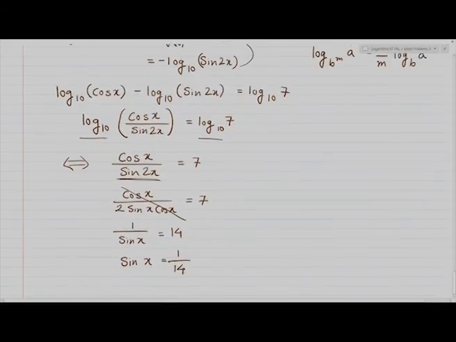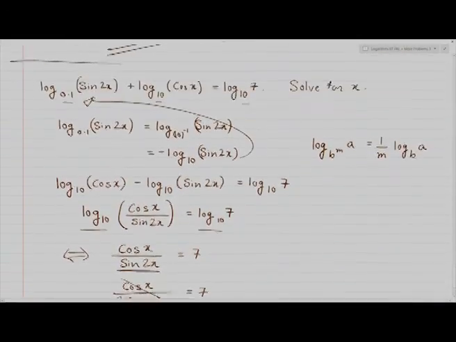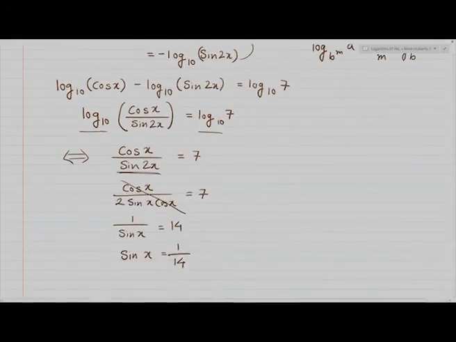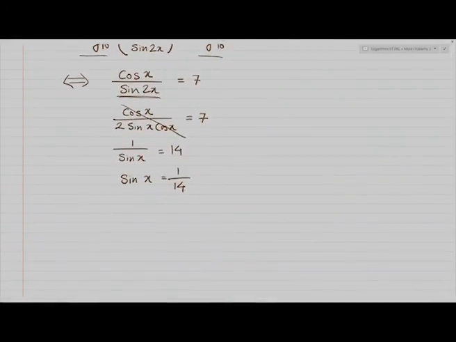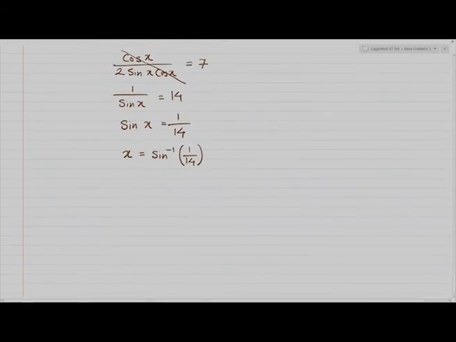Now, you have to be a little bit careful. The question is solve for x. So, you have to find all values of x. You can easily say x is equal to sin inverse of 1 upon 14 is one of the values, but this is not the only value. Then what are the possible values?